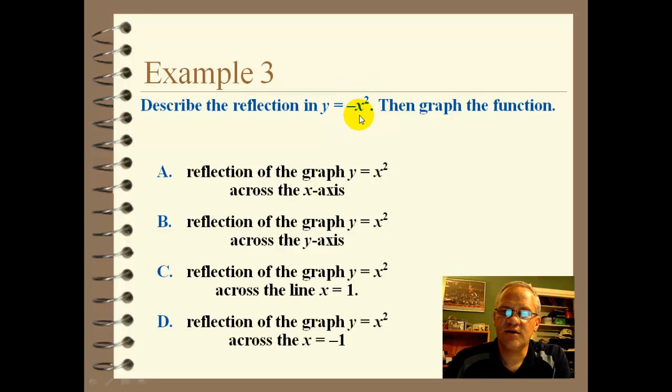So it's not just the x being made negative, it's the x squared being negative. A little tricky, but just keep in mind, if it's not in parentheses, then it's going to be reflected across the x-axis. So that's A.